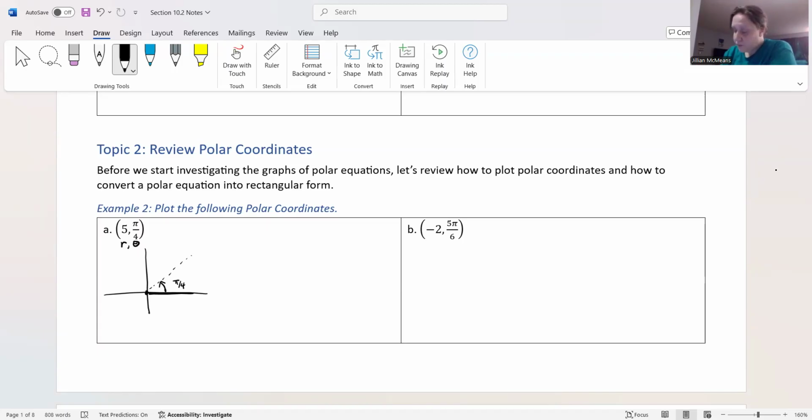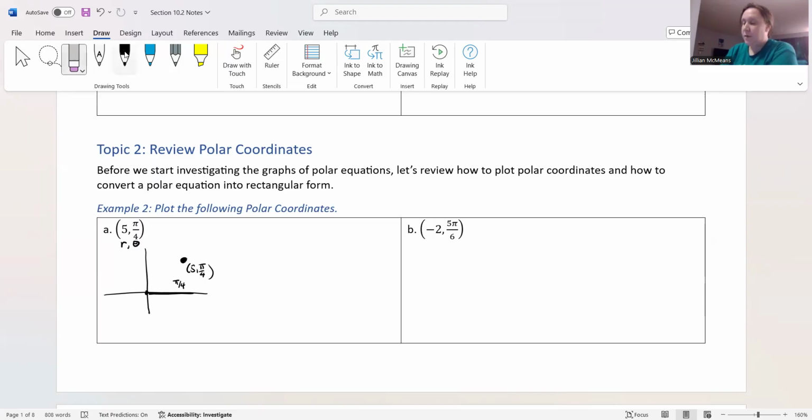So let's say this is 1 unit, 2 units, 3 units, 4 units, 5 units. So we would say this point right here is the point 5 comma pi over 4. Okay, so I'm going to erase these extra pieces so as not to confuse.